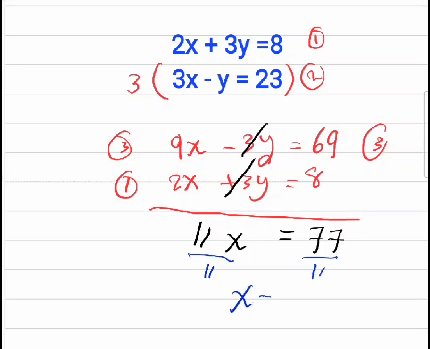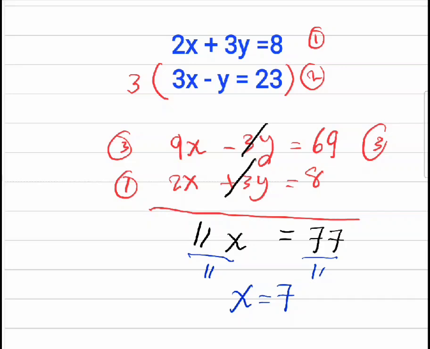Now we also want to know what value of y corresponds to this value of x that also solves both equations. So all we need to do is substitute this value of x into either one of these equations. It doesn't matter which one. We're going to go for the second one because there's only one coefficient of y, and that's going to make it a bit simpler.